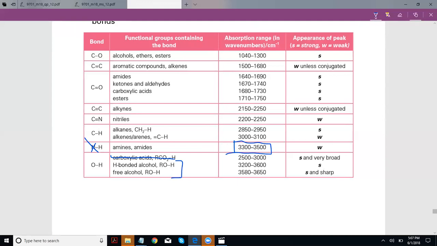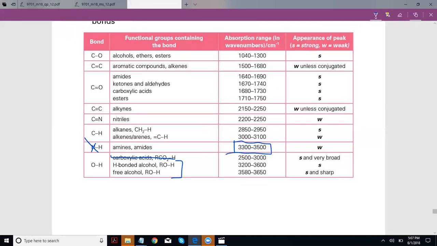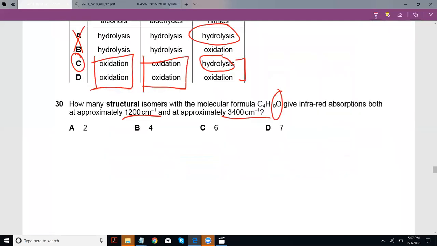And you have another one at approximately 1200, which is basically CO, which doesn't help much because CO can be alcohols, ethers, esters. It can't be esters in this case because we only have one oxygen.